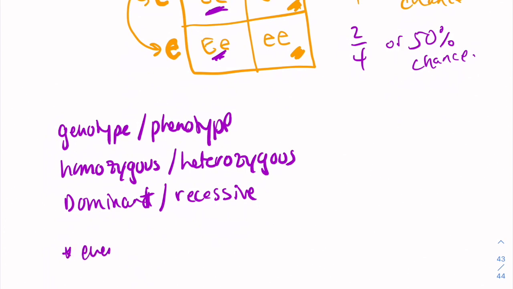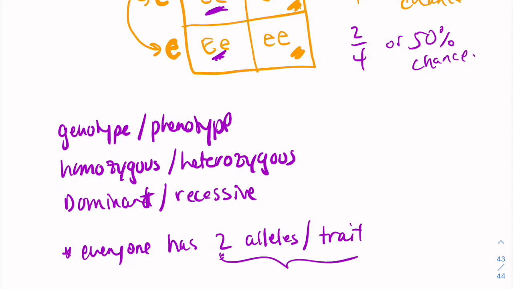Every organism, every plant, everyone has 2 alleles per trait. One allele came from your birth mother, and one allele came from your birth father.